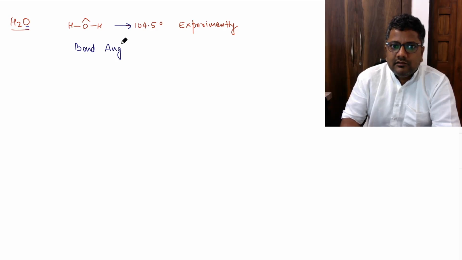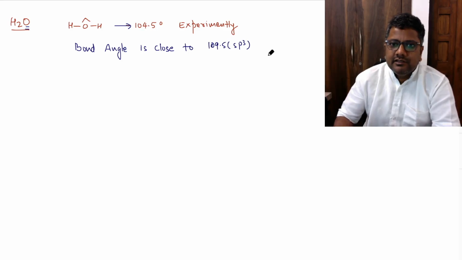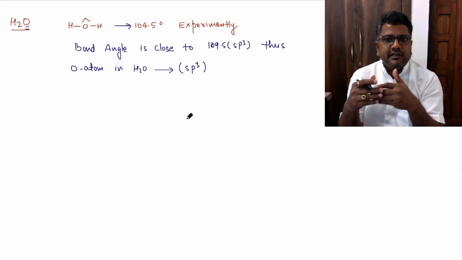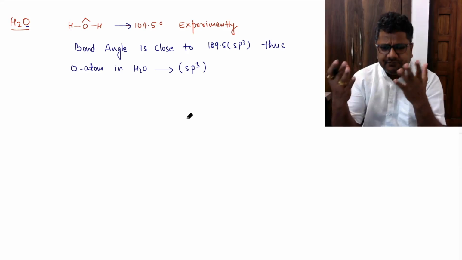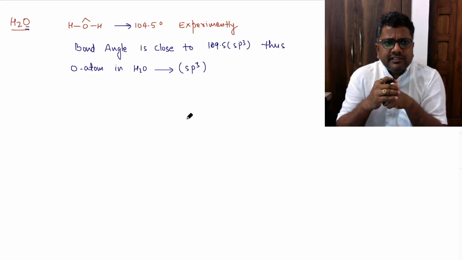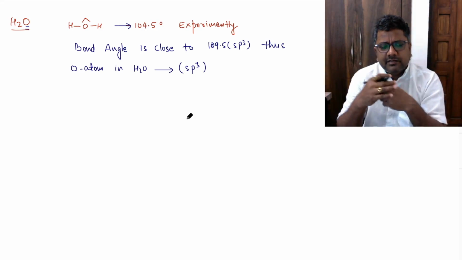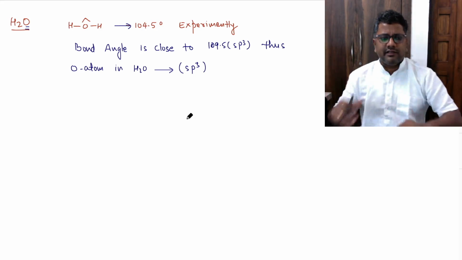So this bond angle is close to the standard sp3 109.5. Thus the oxygen atom in H2O is sp3, because we cannot say sp2.5, although some indexed hybridization is there in some cases where the property is not very close, then you can say okay some p character will increase or some p character will decrease, and accordingly the molecule will adjust.